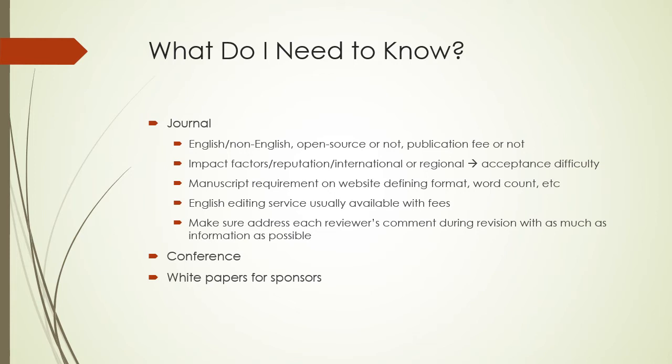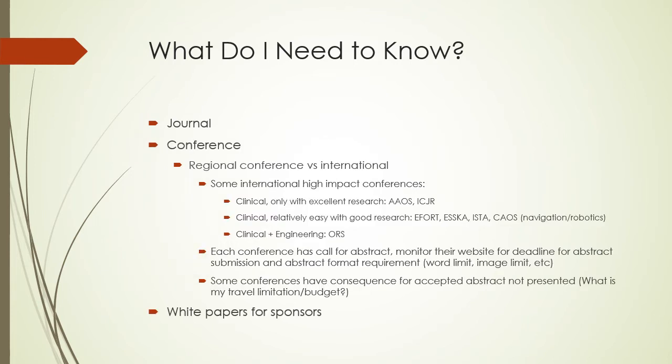For the major revision, make sure you carefully read the reviewers' comments and address them one by one in the response letter as much as possible. So if they are asking for a new analysis, do that new analysis. If it's not impossible, then don't push back. Otherwise you're probably not going to do very well with acceptance. So that's for journals.